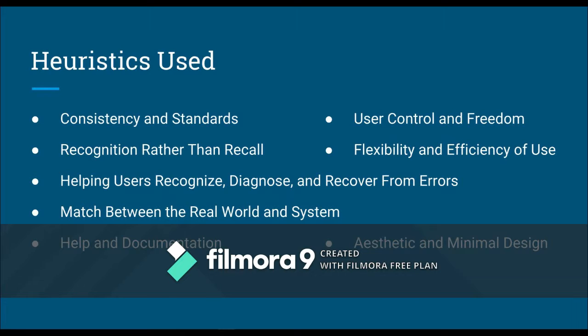Flexibility and efficiency of use, helping users recognize, diagnose, and recover from errors. Match between real world and system. This is an area where it is recommended to use familiar words, concepts, and phrases to make the page more comfortable to the user. Help and documentation, which is self-explanatory, and aesthetics and minimalist design.